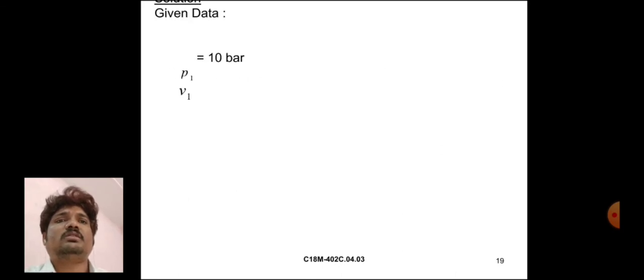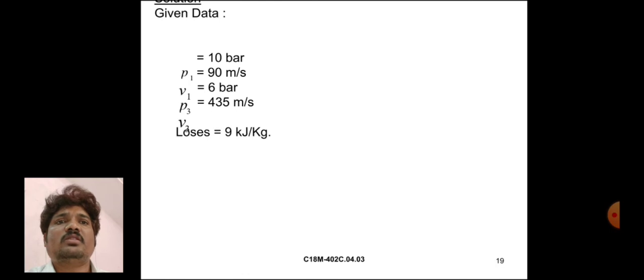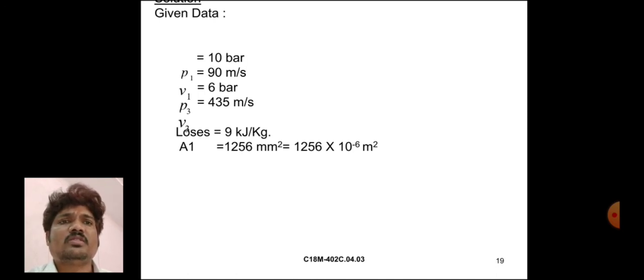Given data in the second problem: P1 is 10 bar, velocity is 90 meter per second, P3 is 6 bar, V3 is 435 meter per second. Losses 9 kilojoule per kg. Entry area 1256 into 10 power minus 6 meter square.